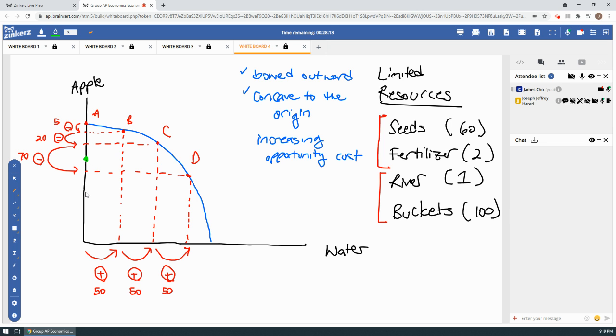So the idea is you use the seeds and the fertilizer, the resources that are good for apple production. You use those guys first. You use those guys very effectively. But you also need to use the river and the buckets. I guess, in this case, it kind of makes sense. Let's say you plant the seeds, you use the fertilizer, and then use the bucket to go over to the river and get some water and pour it over the apple seeds to help it grow more.